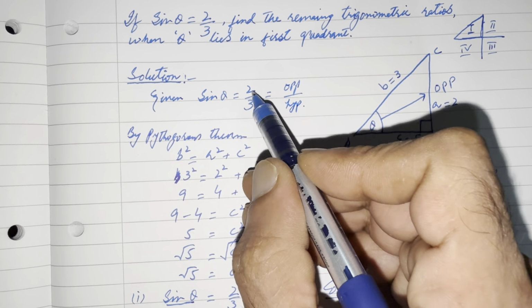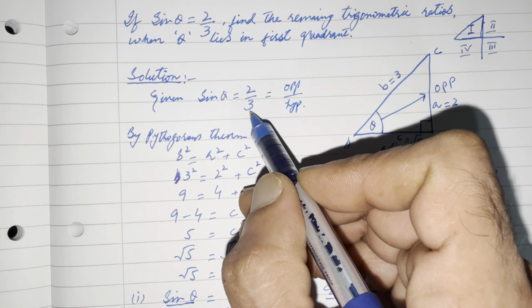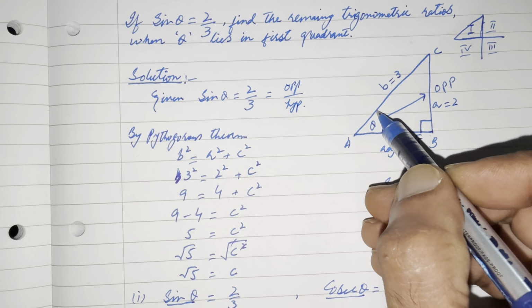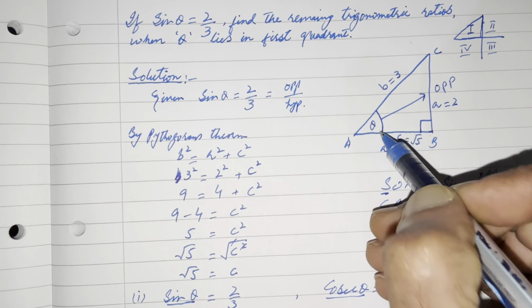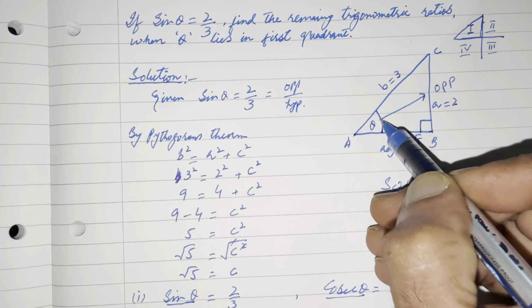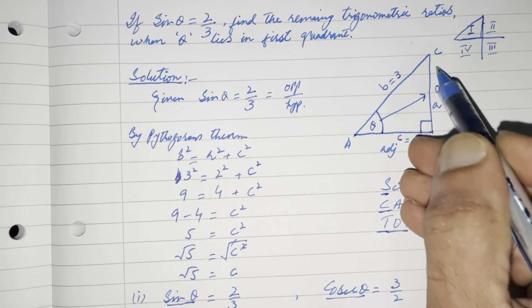So opposite side is 2 and hypotenuse is 3. So theta lies at this point A. So the opposite side is this BC.